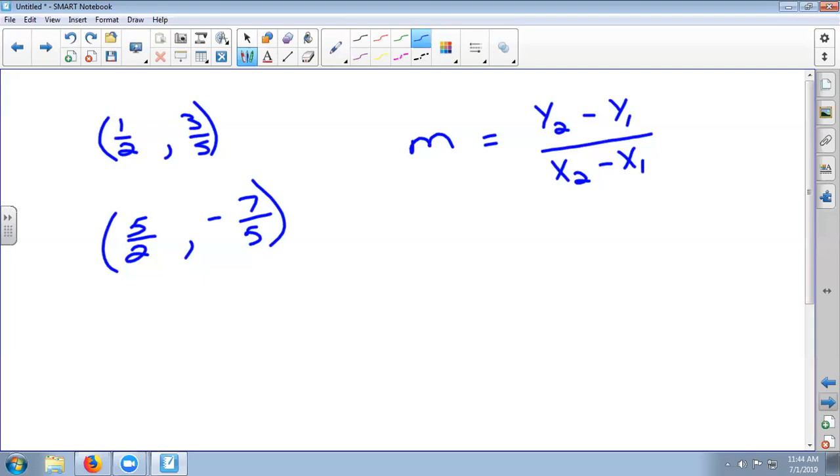It does not matter which one of these is point 1 and which one is point 2. Pick one. That is completely irrelevant. This will always work.